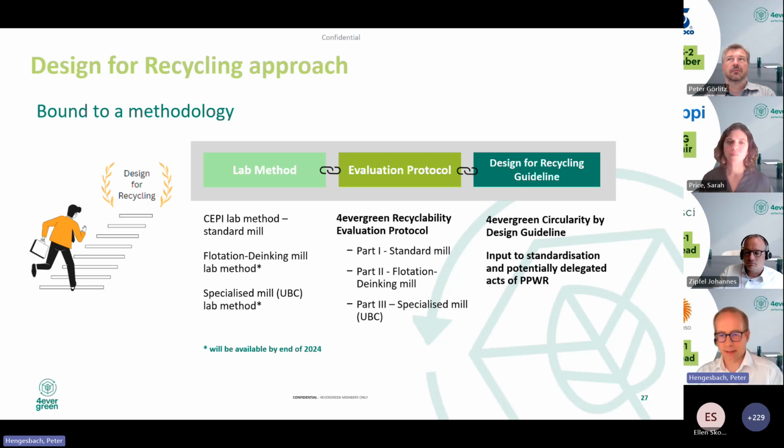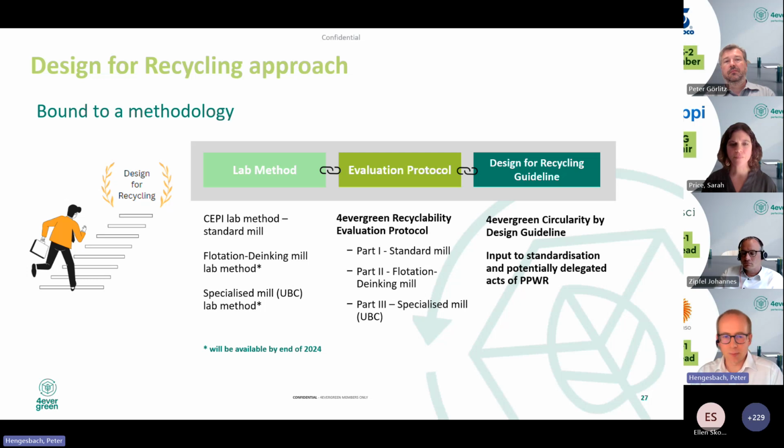This is another lab procedure that will be available by the end of the year. So all those things feed basically into the design for recycling process, not directly, but indirectly via the design for recycling guidelines and tables.